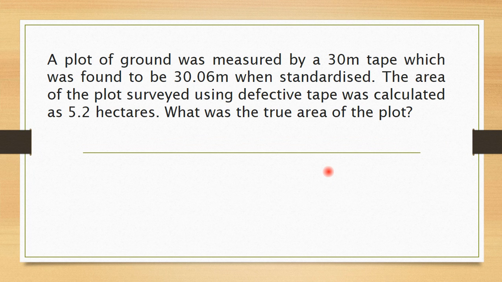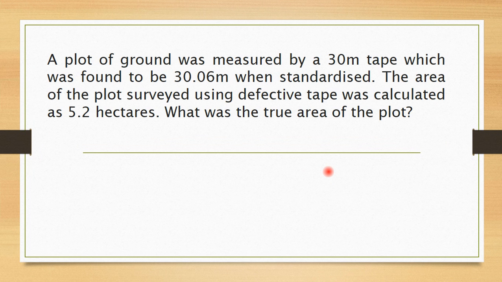To come up with the true area, like in the question that we've been given, a plot of a ground was measured by a 30-meter tape, which was found to be 30.06 meters when standardized. The area of the plot surveyed using the defective tape was calculated as 5.2 hectares. What was the true area of the plot?